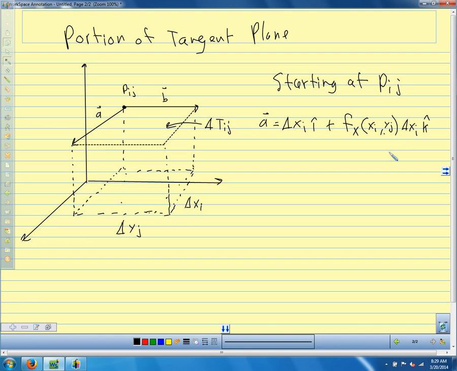The slope times the change in the x direction gives me how much that vector has changed in the z direction. And vector B is going to be delta y sub j in the j hat direction plus the partial with respect to y at that particular point times delta y sub j in the k hat direction, the z direction. So those are expressions for our two vectors that are the sides of these parallelograms.